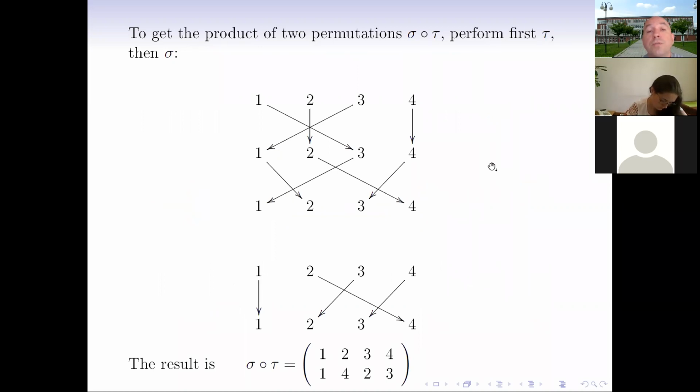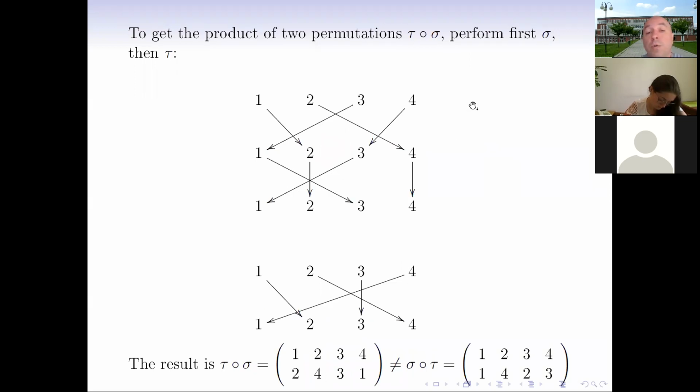To get the product of two permutations, we simply compose the corresponding isomorphisms of the ordered set. If we want to get sigma composed with tau, we first perform tau and then sigma. And then this will give you the result. Sigma composed with tau equals another permutation, which sends 1 to 1, 2 to 4, 3 to 2, 4 to 3.